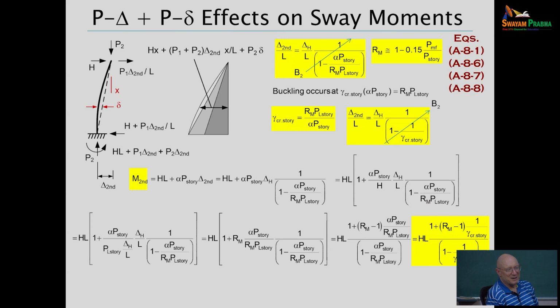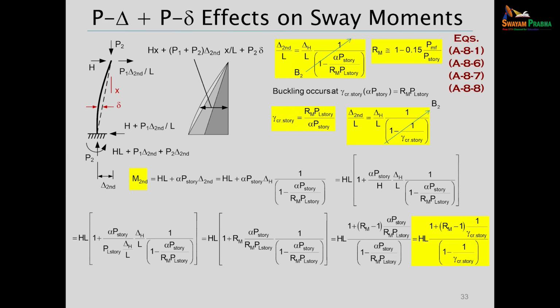Now, if you're extraordinarily observant, you will say, oh, that amplifier looks a lot like the first amplifier we did yesterday, where we had a 1 plus psi PU over PE1. So Rm minus 1 is kind of analogous to the psi term that we first looked at with the P small delta amplifier yesterday.